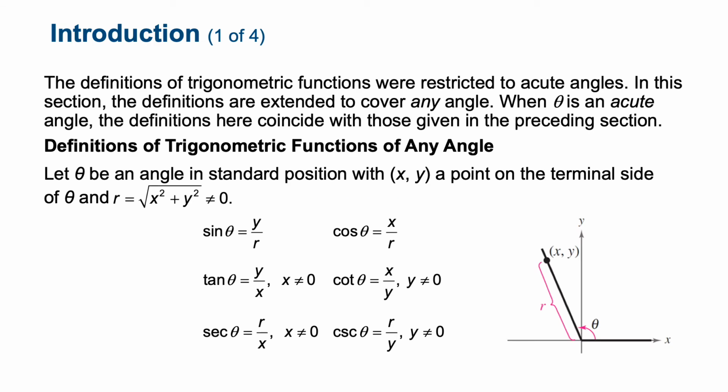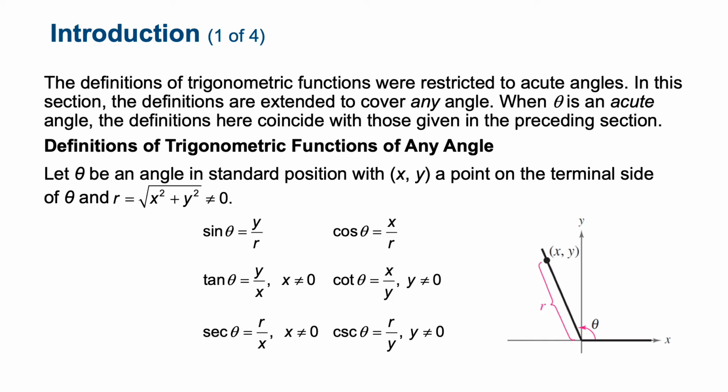So remember when we defined trig functions, we restricted it to acute angles, right? Now we're going to extend that definition to talk about any angle. When theta is acute, it falls under this umbrella category. Let's say theta is an angle in standard position, meaning the vertex is at the origin, one of the sides is on the x-axis, and the other is somewhere on the plane.